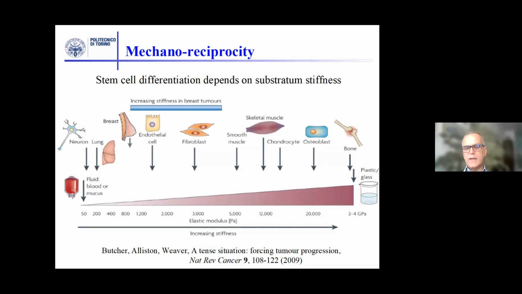When you have to build a tissue from scratch, what was found is that if you seed stem cells on different substrata, and you try to make a good environment for them, then they differentiate into different cells according to the mechanical properties of the substratum. When the substratum is very soft, it can become a neuron, then an endothelial cell, a fibroblast, a muscle cell, or an osteoblast.